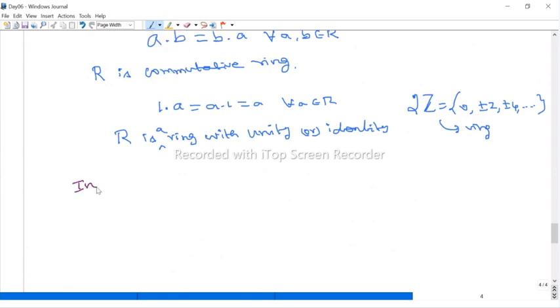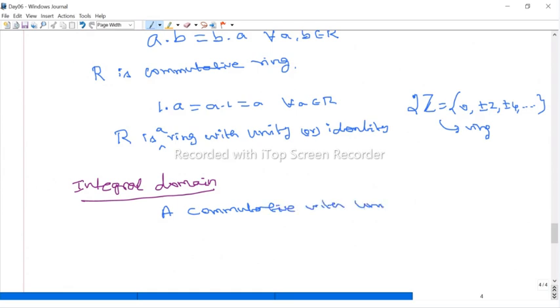So a commutative ring with unity, or with identity, is said to be an integral domain.